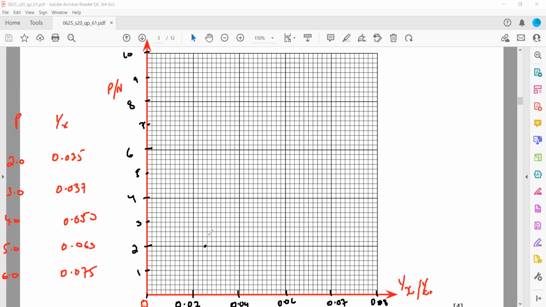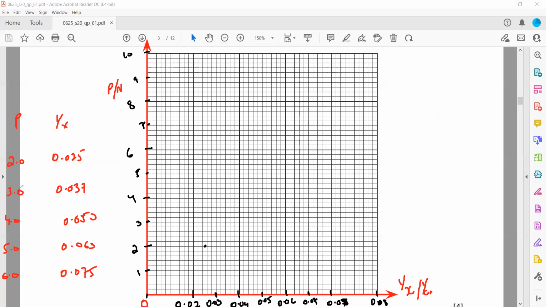Then 3 and 0.037, because this will be 0.022, 0.024, 0.026, 0.028, and 0.03. This will be 0.03. This is 0.05. This was supposed to be 0.08. This is 0.07.